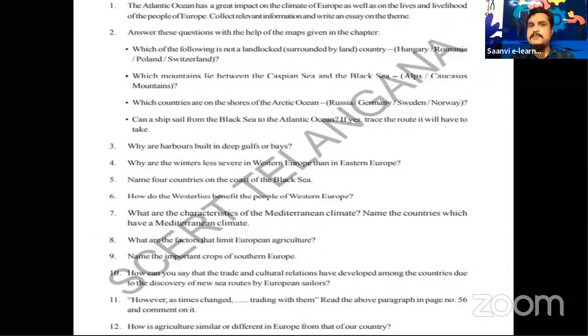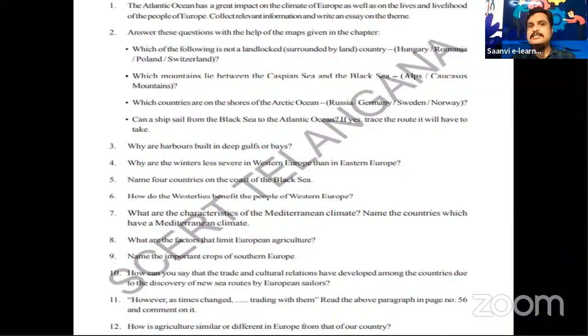Remember the Bay of Bengal: three sides land, and one side with the mouth a little wider. Generally such lands we call bays. In that area we can see depth, a deeper area. So explain, get it from the book, the specialty of that land, and write the answer.